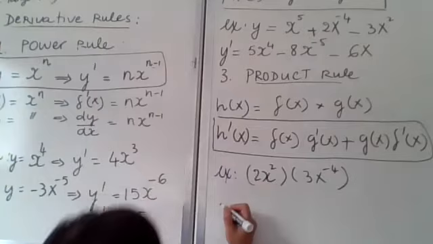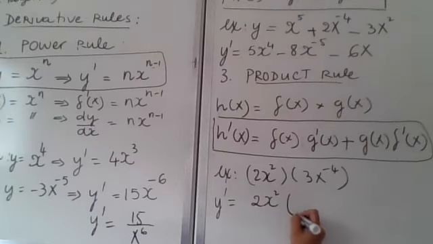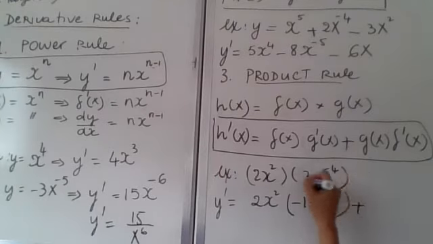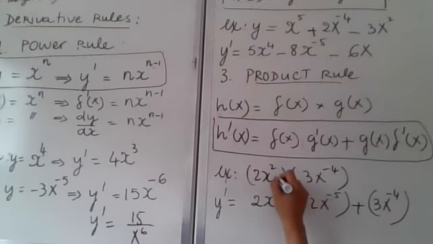The derivative of this function, y prime, will be equal to: keep the first function 2x squared the same, times the derivative of the second one, which is minus 12x to the power minus 5, adding: keep this one the same, which is 3x to the power minus 4, times the derivative of this one, which is 4x.